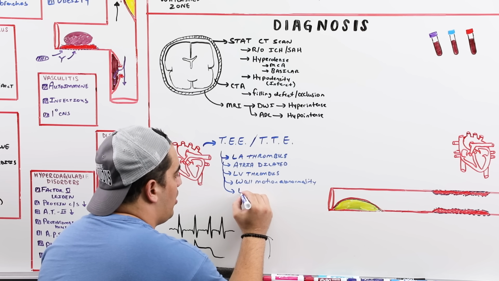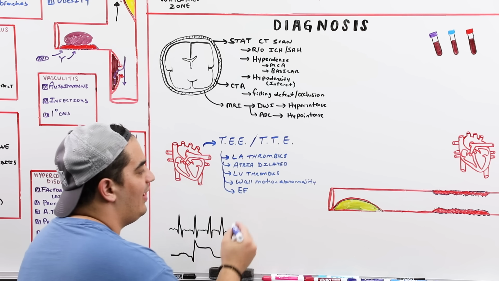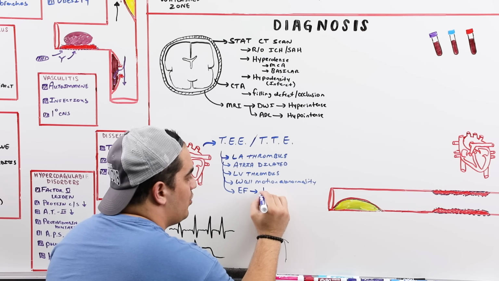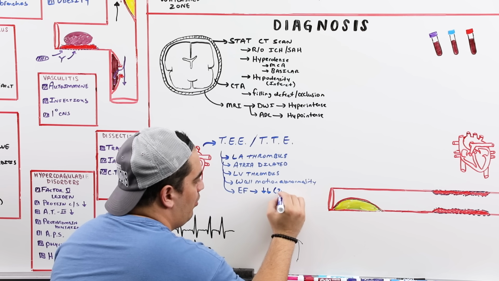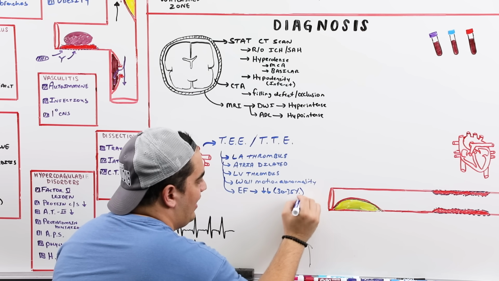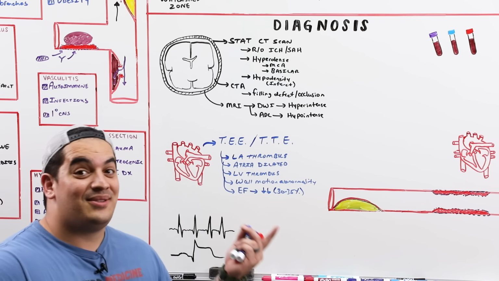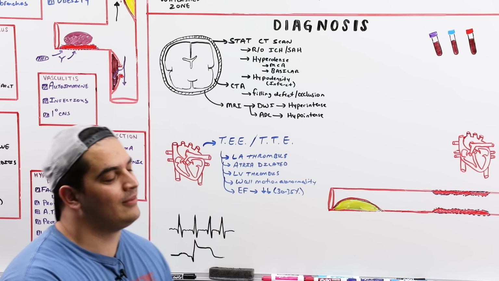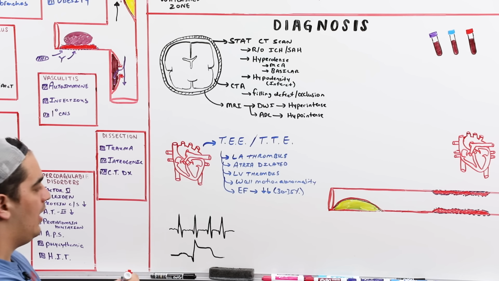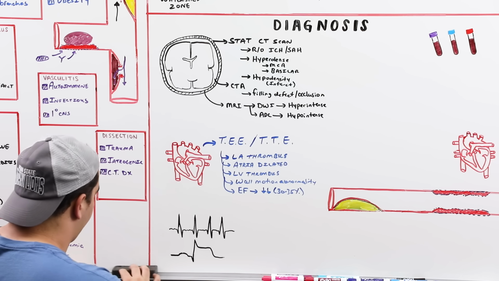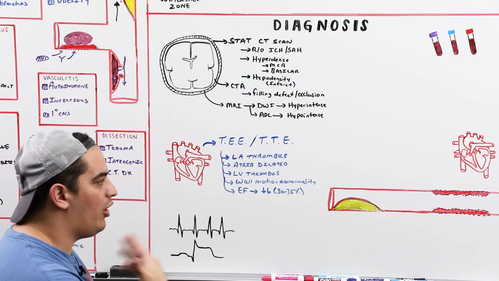Or it tells us our ejection fraction, our EF. And maybe this person's EF is really low, and we use the example of 30 to 35%. As we get less than 35%, it's getting a little low. Maybe that's the reason for their cardioembolic cause. Boom, roasted, move on.